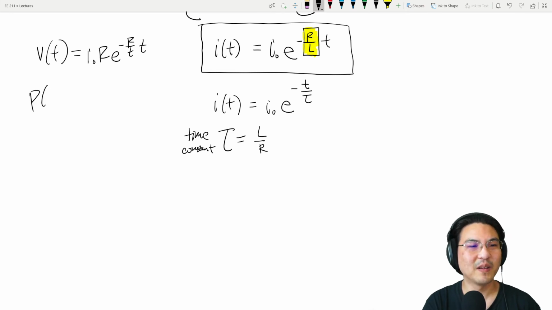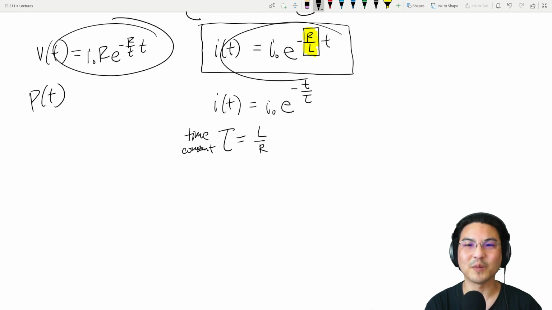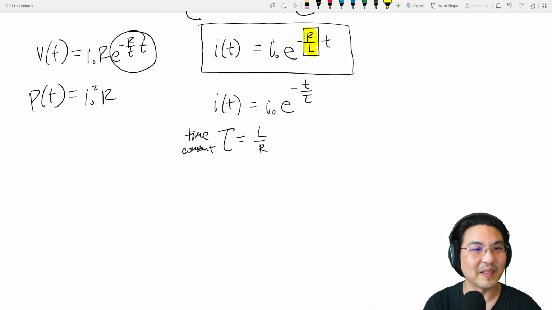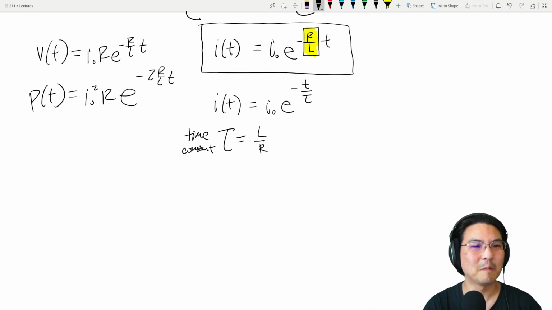The power would just be V I. So this times this. So let me just multiply those two things together. So we got I naught R, I naught. So that's I naught squared R, e to the minus R over, sorry, this should be an L. I wrote it messy. That times that. So there's two of them, e to the minus 2R over L t.